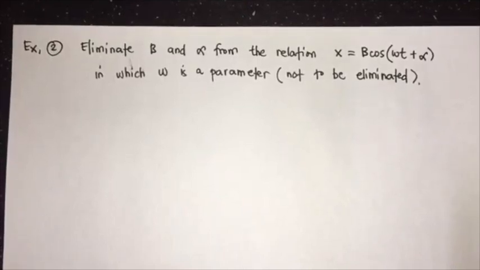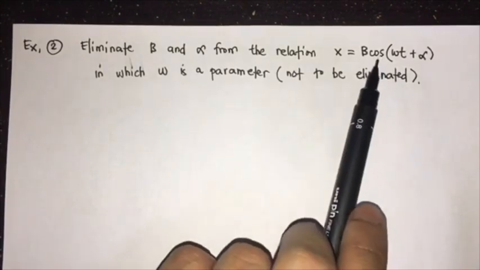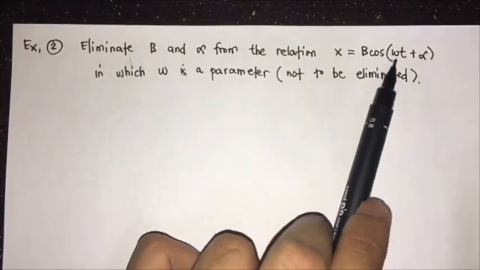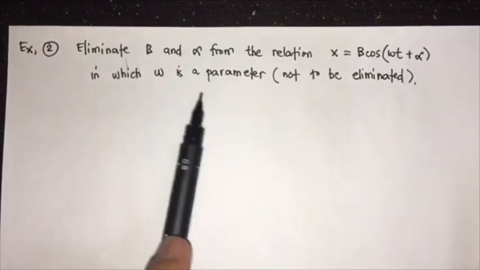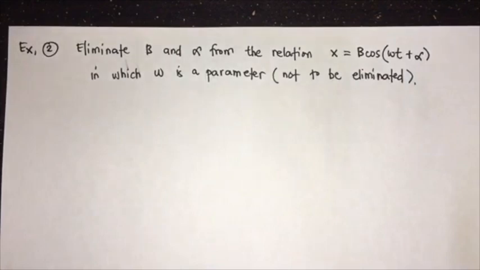For our next example, eliminate b and alpha from the relation x is equal to b cosine of omega t plus alpha, in which omega is a parameter and not to be eliminated. Solution.